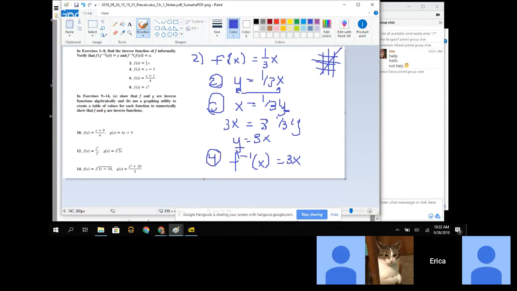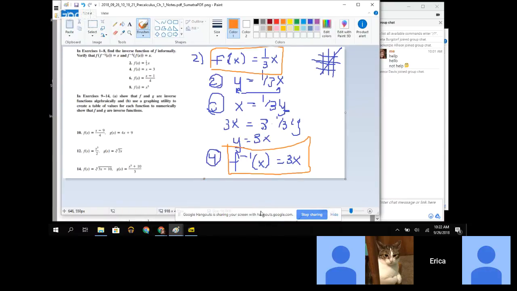Now we have solved. This is our function, and this is our inverse. In order to prove that they're inverses of each other, we have to put one into the other. That's how you prove that they are inverses.